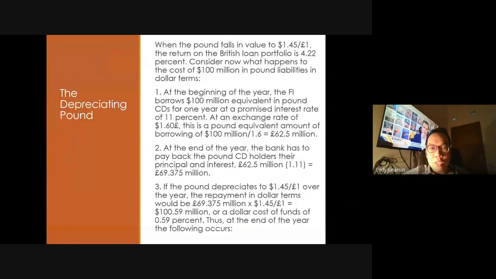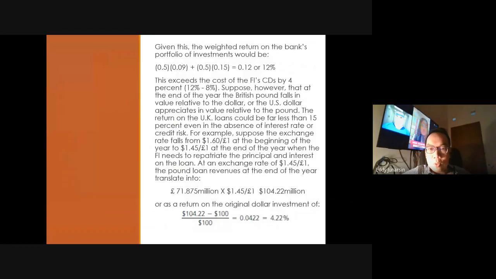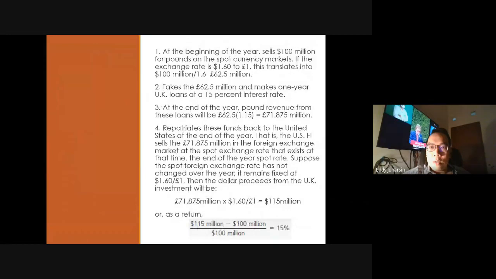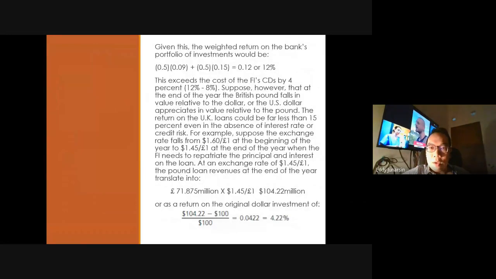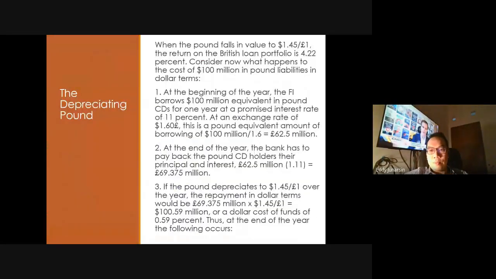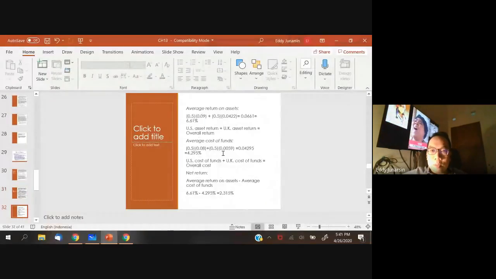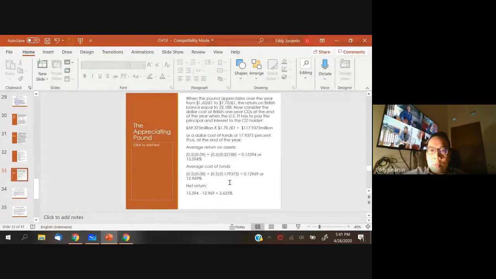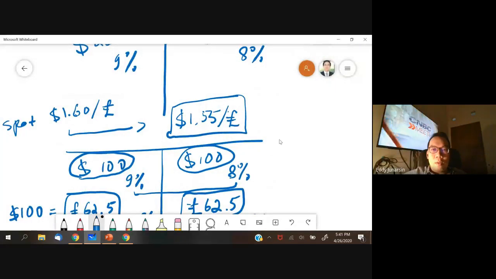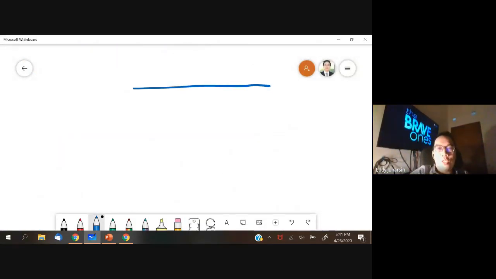Okay, so derivative transaction, so we can use a contract. So we are coming back to our original situation.